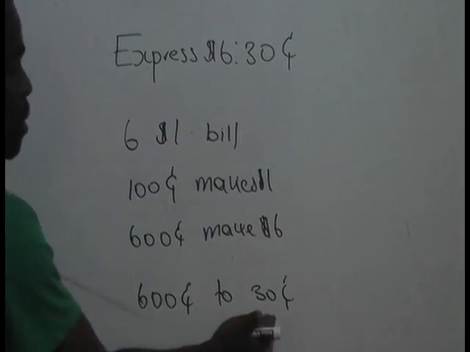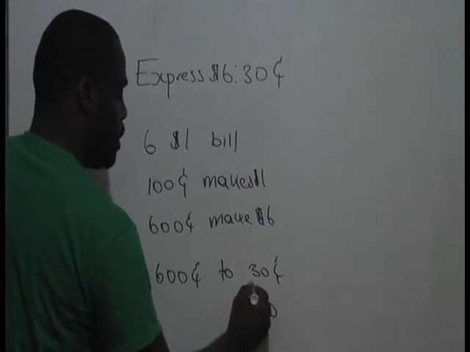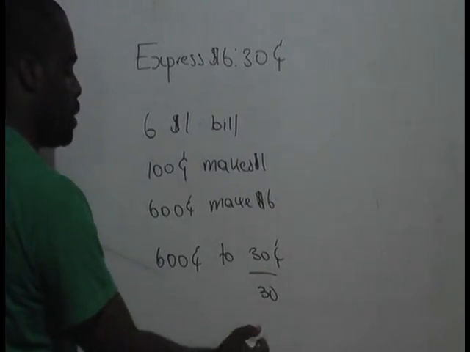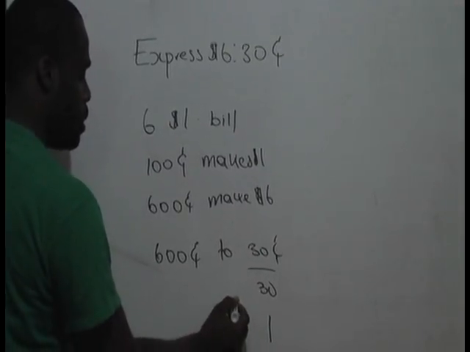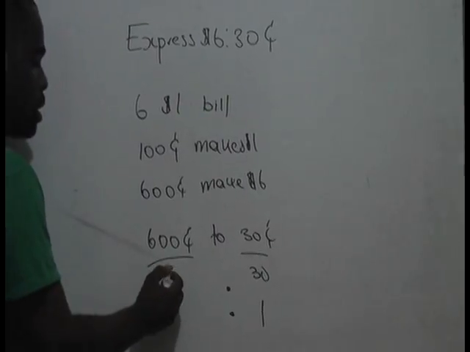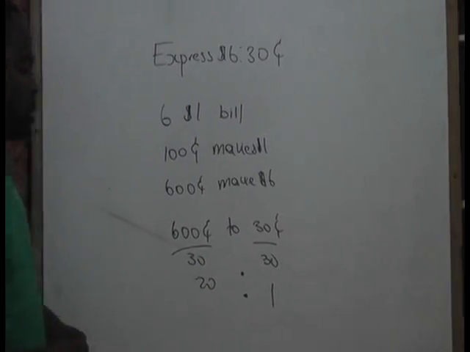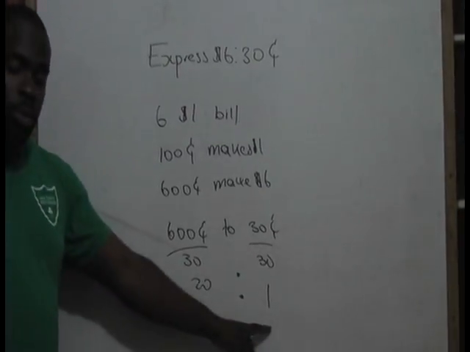Now 30 can go into itself one time, so you divide this by 30, you get 1, and you can divide this 600 by 30 and you get 20. So the ratio in its lowest term is 20 to 1.